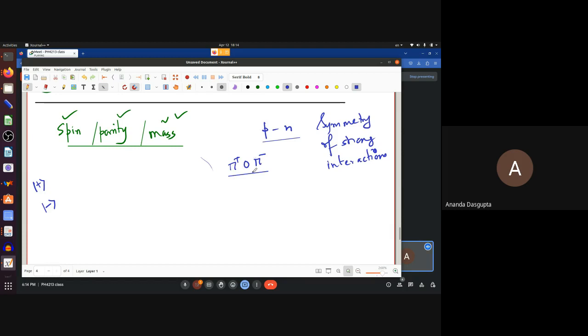Similarly, internal symmetry will change this. Or you could have K plus, K minus, where internal symmetry will change one to the other, and there's K0, K0 bar. Two neutral kaons, one an antiparticle of the other. Again, some internal symmetry will change one to the other.